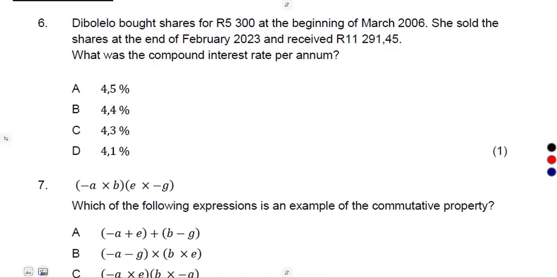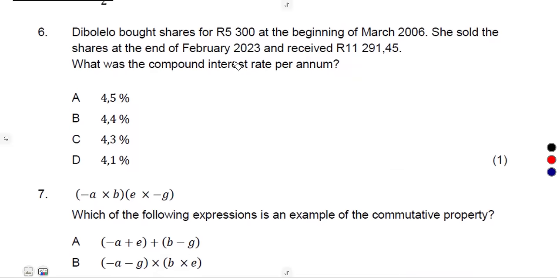All right. Then we are given a certain guy who bought shares for 5,300 at the beginning of March 2006. Then she sold the shares at the end of February 2023 and received 11,291.45. What was the compound interest per annum?